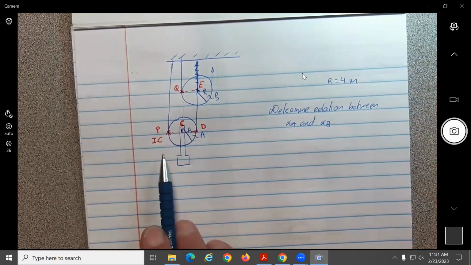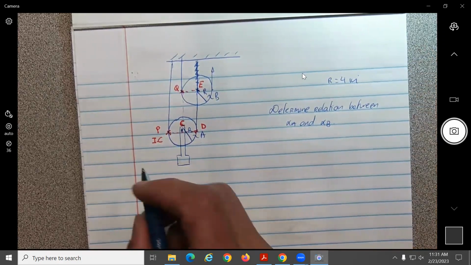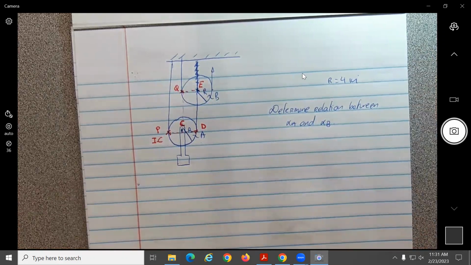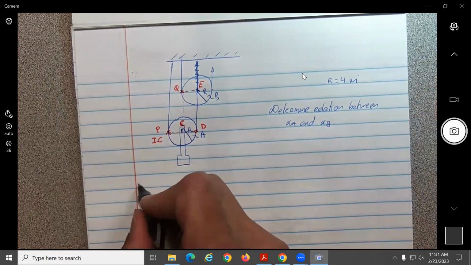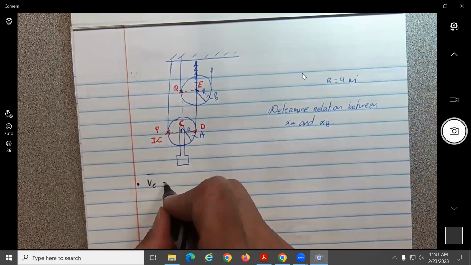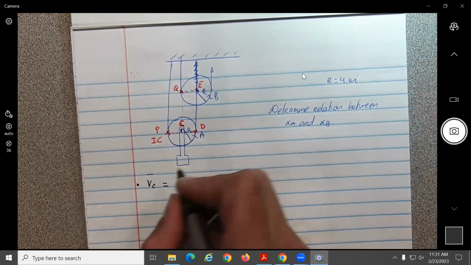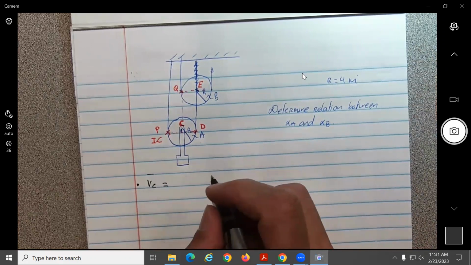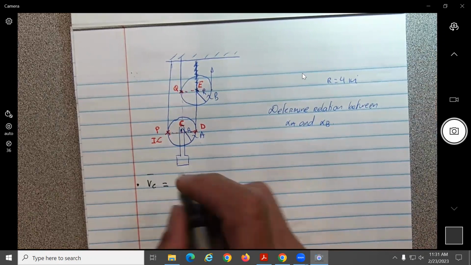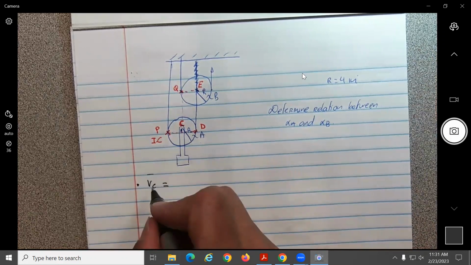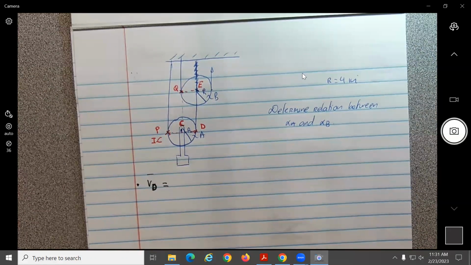So maybe let's start from one point that we know. Let's try to find first the velocity. So we could say here what? So maybe we can find the velocity of C first from where? I mean, you could also almost go to point D directly. So we need to find this one, no? So let's go velocity of D. So what will be the velocity of D?